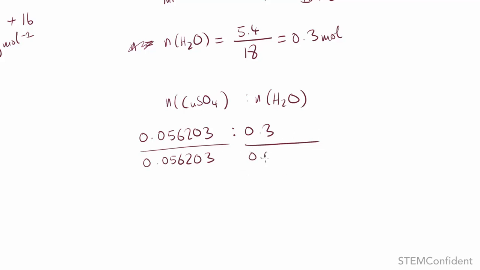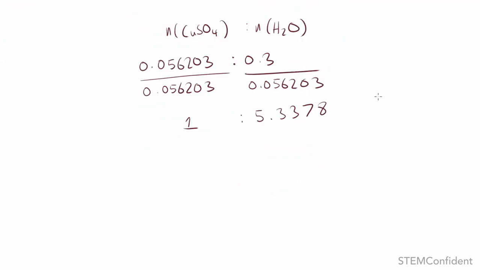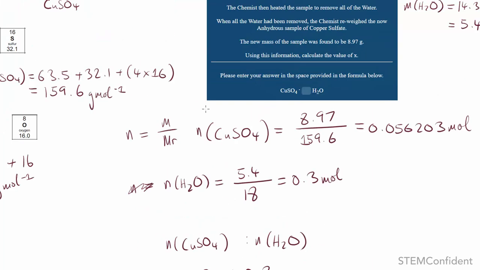So 0.056203. Because we're dividing this by itself, of course, this side is going to give us 1, right? But I'd invite you to have a go on your calculator to work out what the right hand side gives us. If you do that, you should find you get 5.3378. Okay. At this stage, we have 1 on the left hand side, which is what we were aiming at.